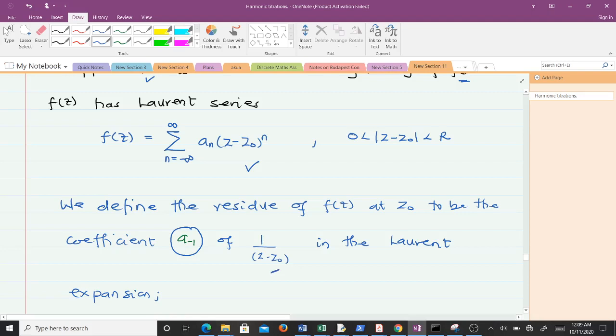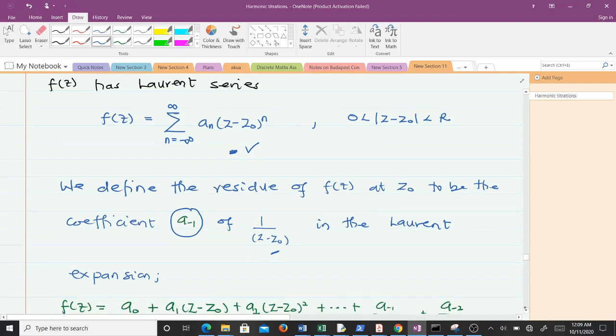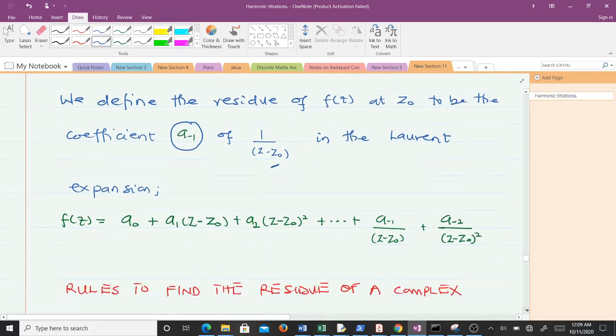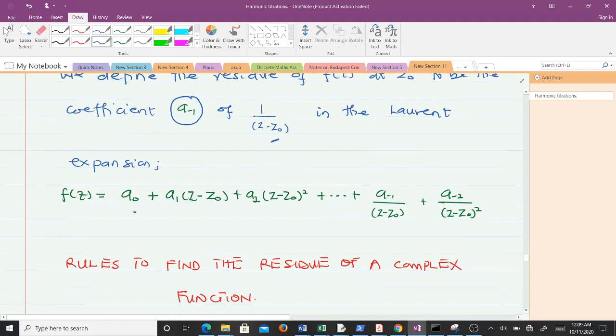Okay, so I'm going to expand this for you to know the residue that I'm talking about. When we take some expansions of this Laurent series that we have here, we are going to have this. And if you followed our last video, you could see this is very similar, where we said this is the analytic part and this is the principal part.